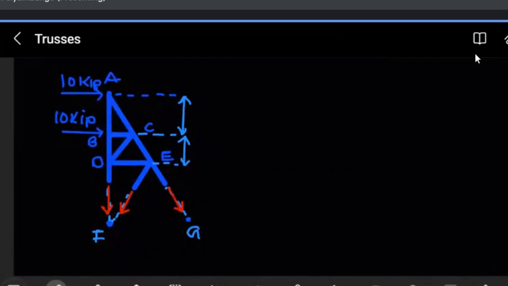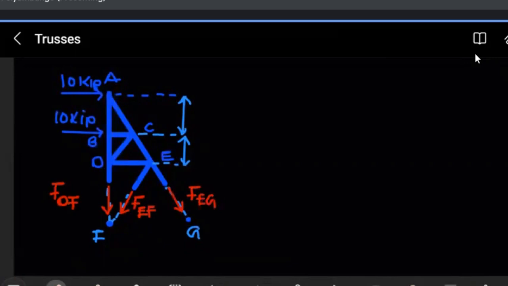In other words, this force is DF, and the assumption is that this is compressive. Actually, for all the members here, I am assuming that they are all compressive. So this is EF, and this is EG. So the assumption here is that all my members, that is the members DF, EF, and EG, are compressive.